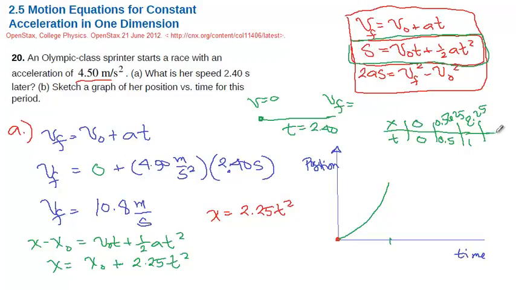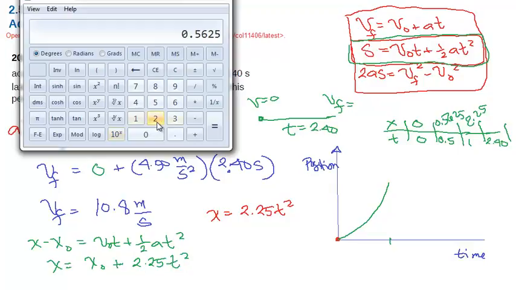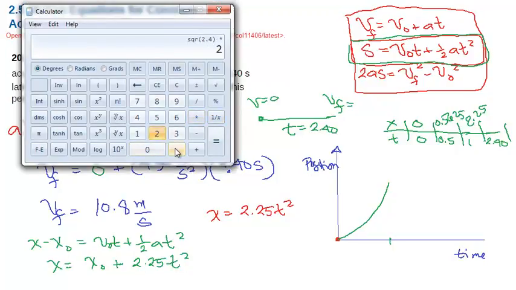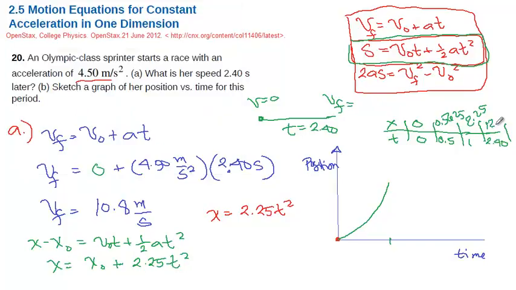And at time equal to, let's go directly to 2.40, I'm just drawing a rough sketch anyway. When t is 2.40, 2.40 squared times 2.25, that's 12.96. So this is 12.96 here, roughly.